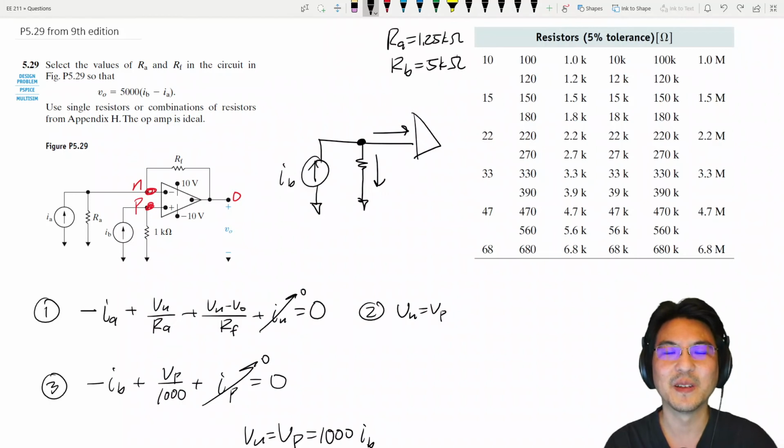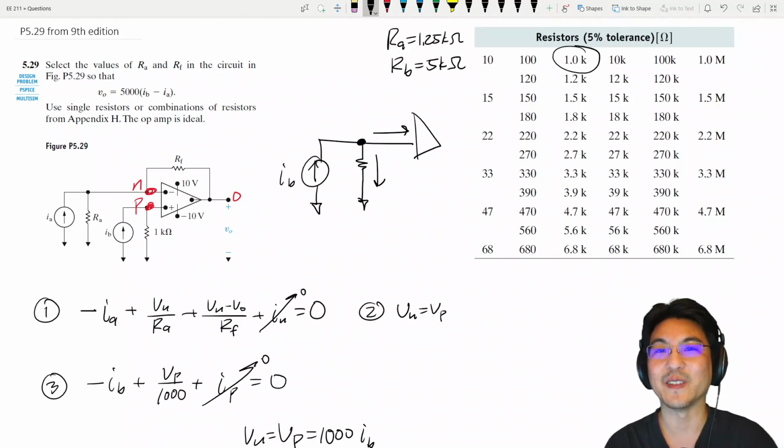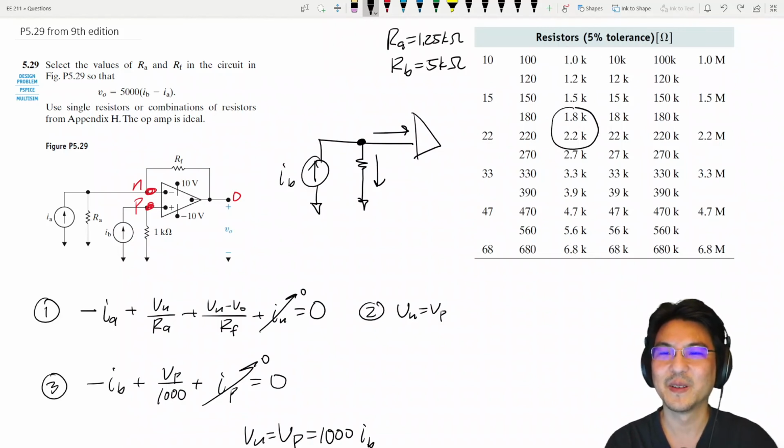So for example, 5K. Let's see, you can take 5 of these in series, that'll be 5K. Or for example, you can take these two together, would be 4 and then 5. Right? So these 3 in series will make 5K.